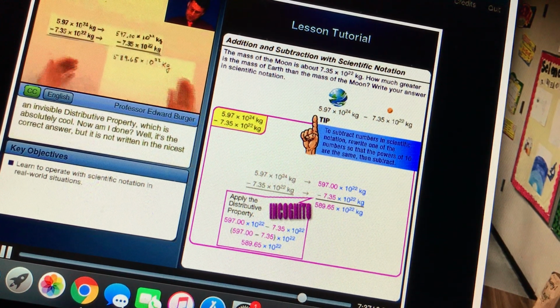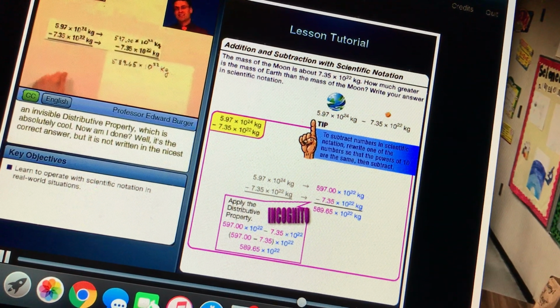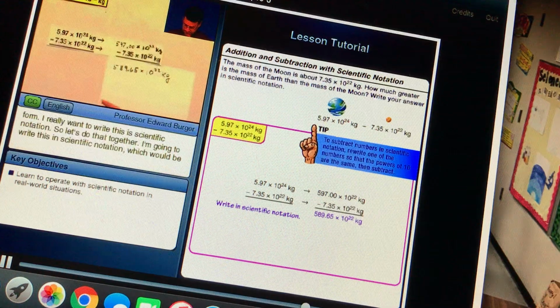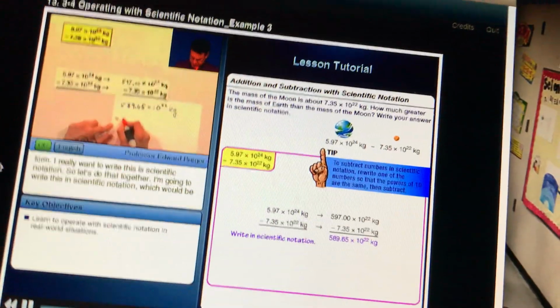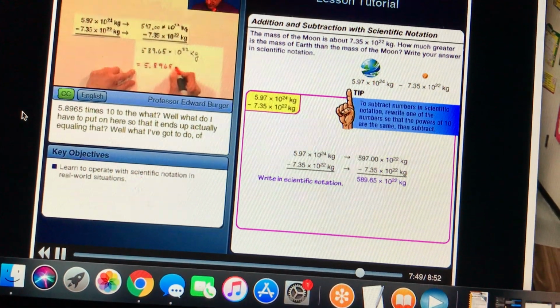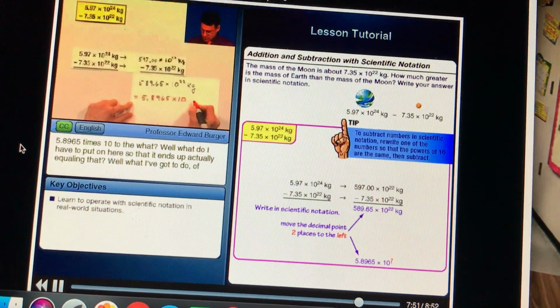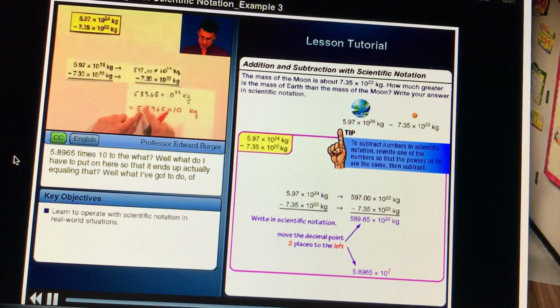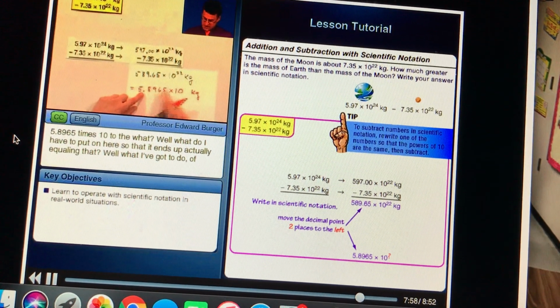Now, am I done? Well, it's the correct answer, but it's not written in the nicest form. I really want to write this in scientific notation. So let's do that together. I want to write this in scientific notation, which would be 5.8965 times 10 to the what? Well, what do I have to put on here so that it ends up actually equaling that? Well, what I've got to do, of course, is up the exponent.